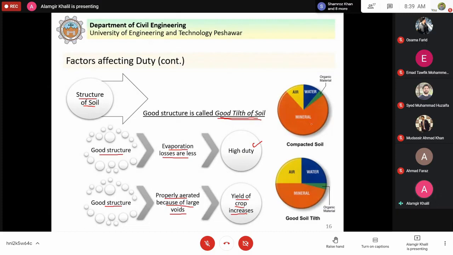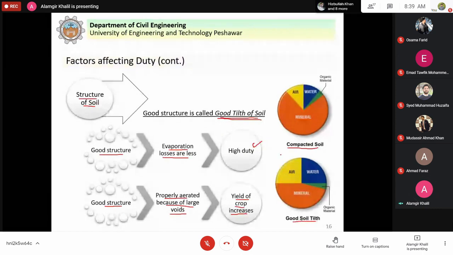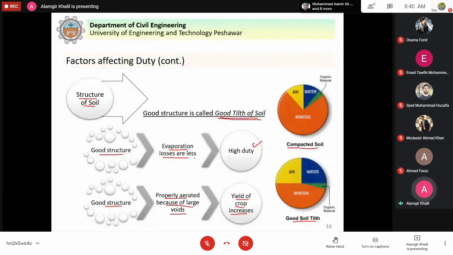So you can see here we have compacted soil and we have good soil tilth. So the physical condition of the soil is good, evaporation losses are less, it will result into high duty, and the soil that is properly aerated because of large voids can result into increased yield of crop.